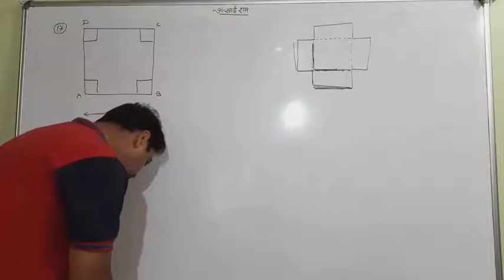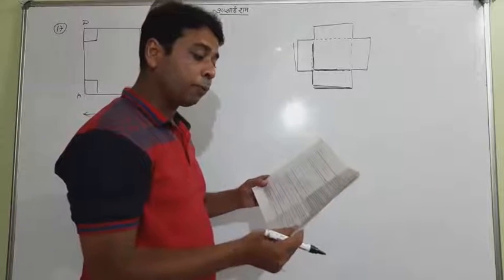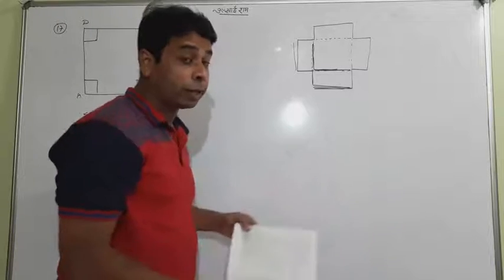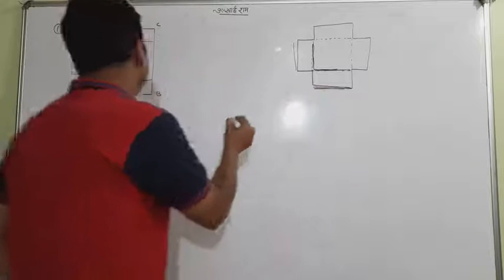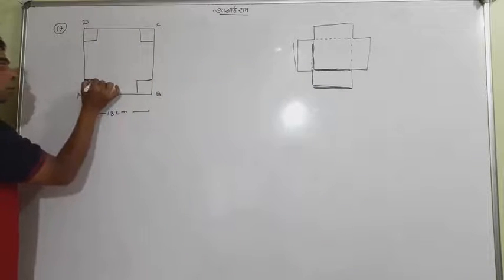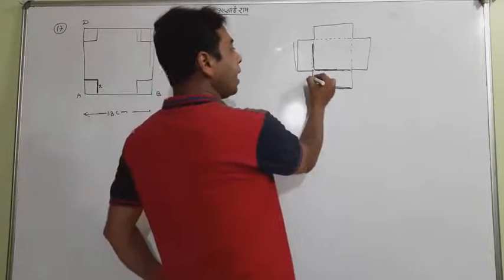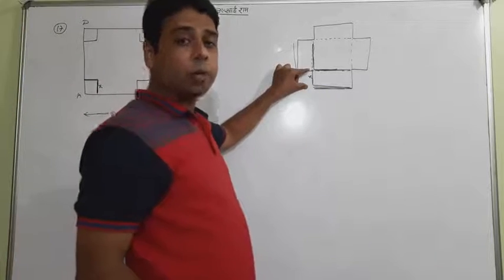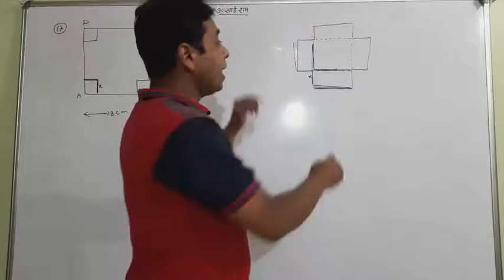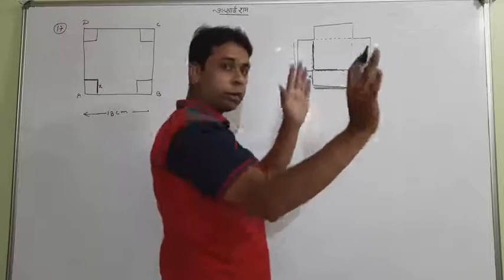The question says, by cutting a square from each corner and folding up the flaps, what should be the side of the square? The side of the square is not given, meaning whatever square you cut, that side is not given, so we consider it x. Definitely if it is x, it will be the height of the box. You can also consider the length this and the breadth this, it doesn't matter at all.